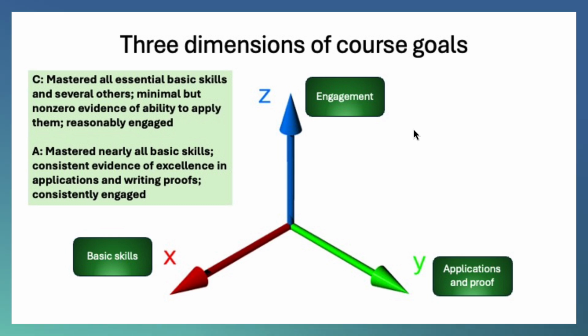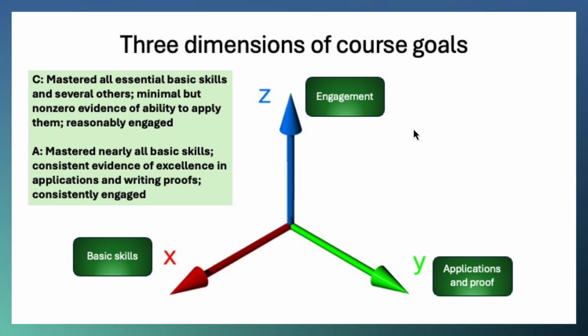And they are consistently engaged in the class, coming to class every day unless it's impossible, doing stuff outside of class, being a leader in the class. I noted later after I wrote this that I used the word consistent twice, and I think that's good. That's a good way to describe an A student. They're very consistently excellent across the board.